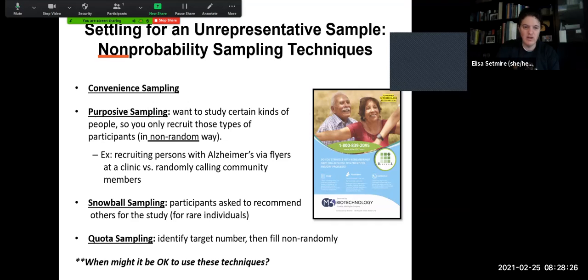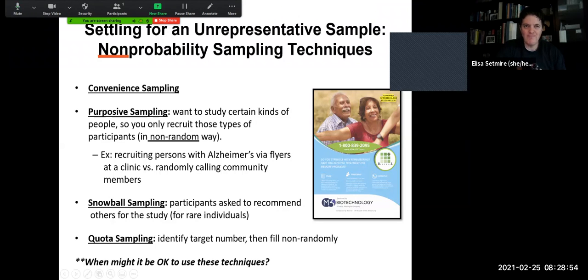Another very common non-probability technique is something called purposive sampling. If you want to study certain kinds of people, you only recruit those types of participants in some kind of non-random way. For example, let's say that you want to study people who have Alzheimer's. So you put flyers up in different clinics and places that might have high levels of Alzheimer's patients, or people struggling with Alzheimer's.